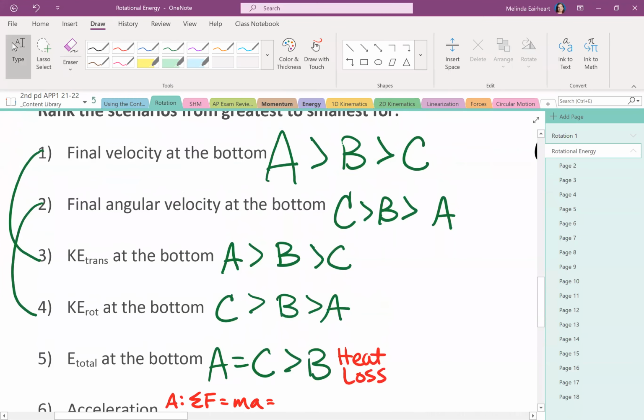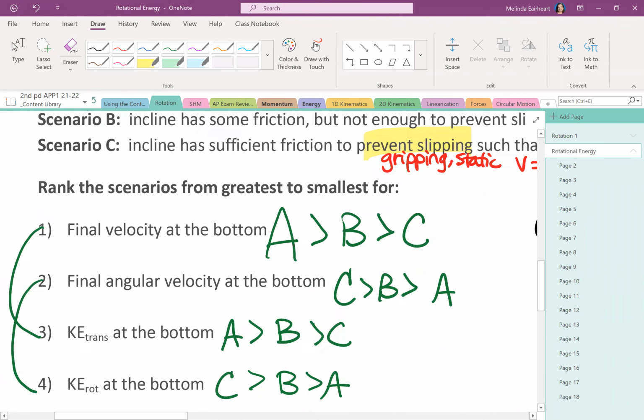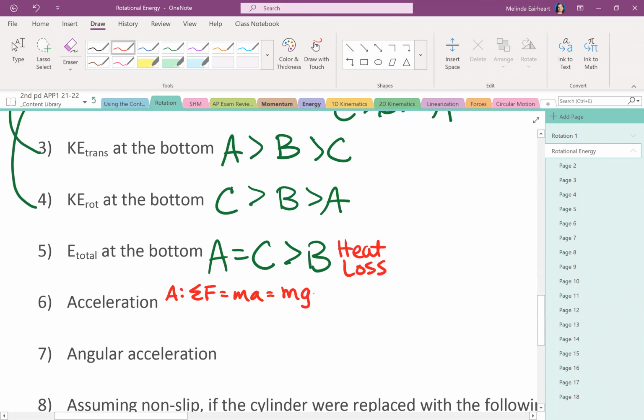Y'all, ramps are coming back. Theta's there. It is gravity bringing it down the ramp, but it's not all gravity. It's a component. Y'all remember parallel? Yep. And so mg parallel is that mg sine theta, right? For B, it's also mg sine theta, bringing it down the ramp.